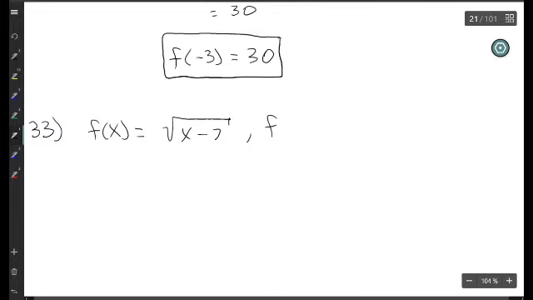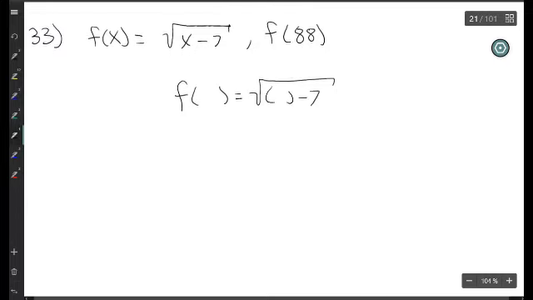Evaluate at f of 88. Well, we have f of blank equals square root of blank minus 7. So step 1. Replace variable with open parenthesis.